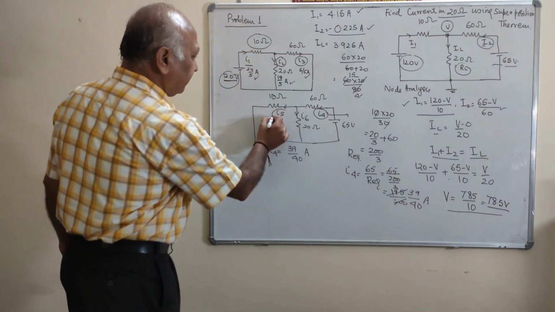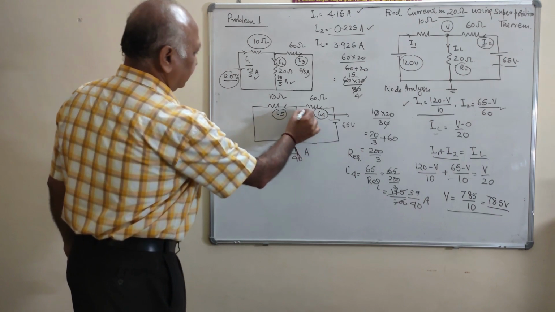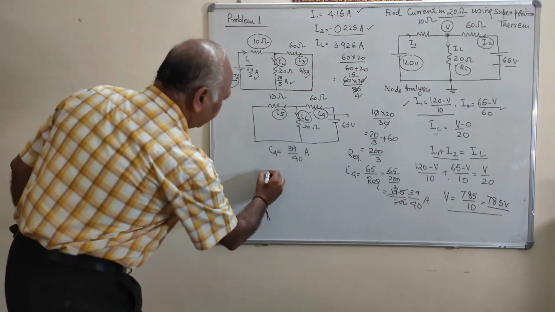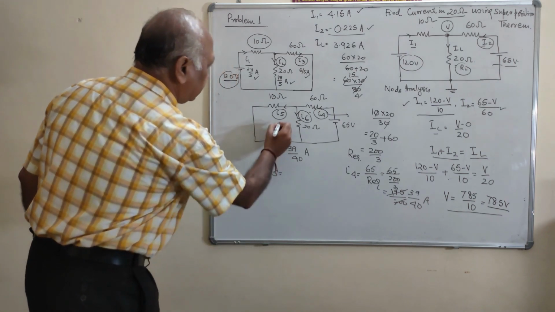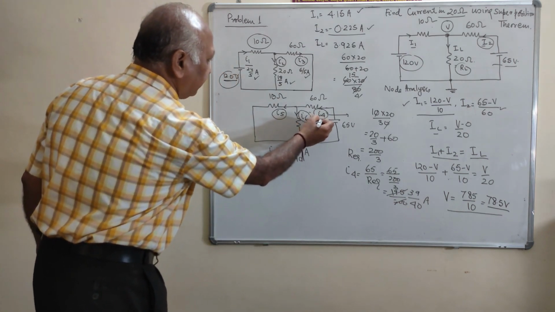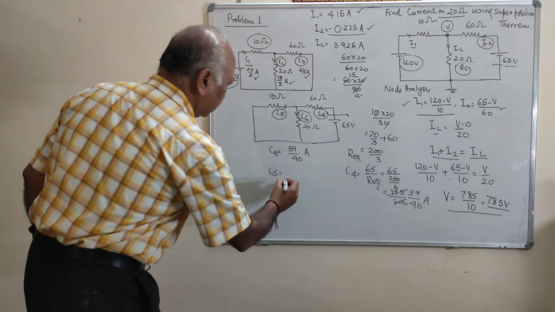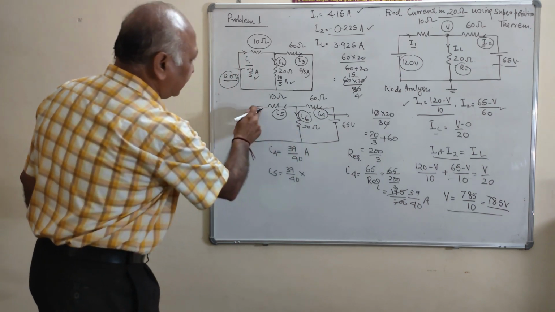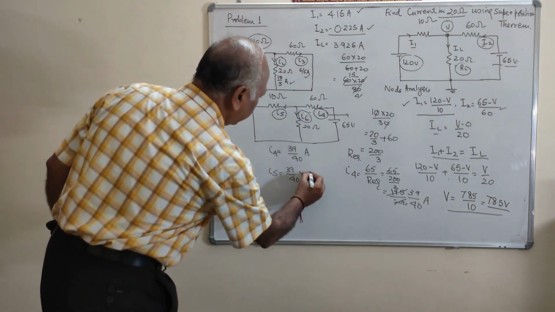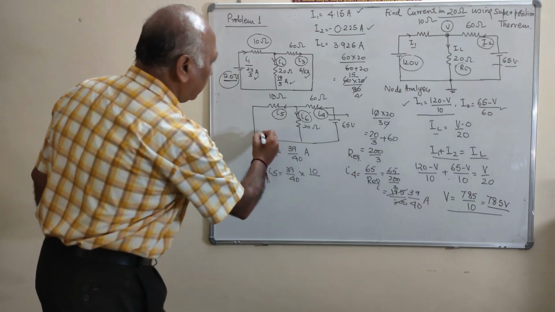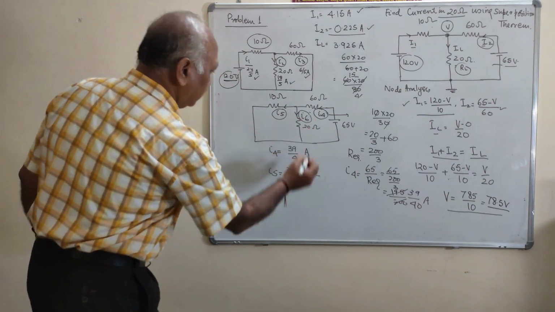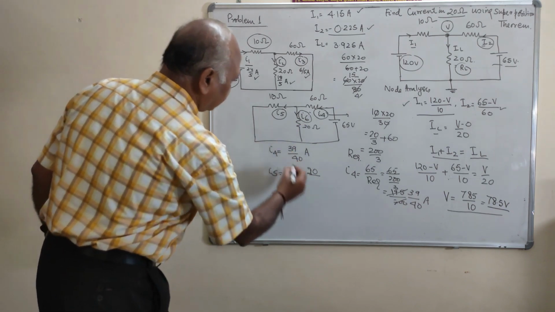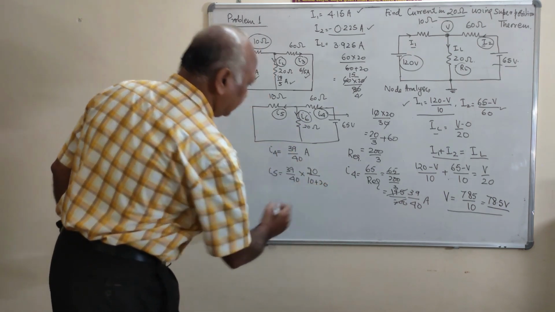Now we have to find I5 and I6. Now apply the current division rule. What is I5? That is equal to I4, the total current. Total current कितना था? I4, that is 39 upon 40 into resistance of the other branch, 10, upon the sum of the resistances, 10 plus 20.